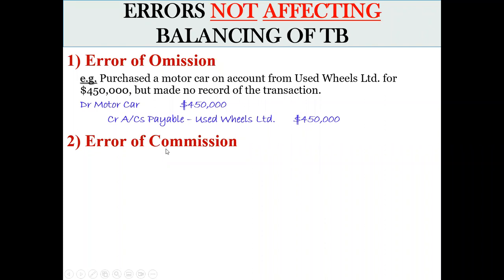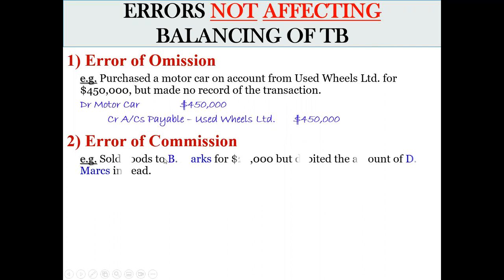Wrong account, but the same class. Let's look at the example to make it clearer. We sold goods to B-Marks for 23,000. But look at what we did. We debited the account of D-Marks.